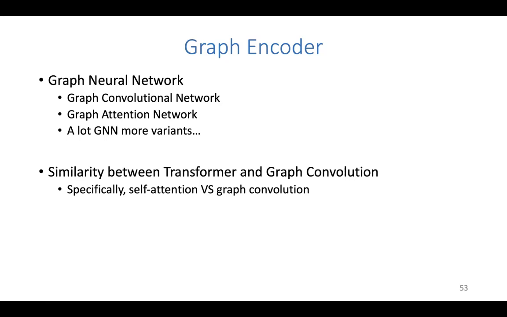They're like the same thing. It's just that graph convolution comes from using a fixed adjacency matrix, and self-attention uses the attention mechanism to determine the graph adjacency matrix. So we'll have a brief refresher on that.